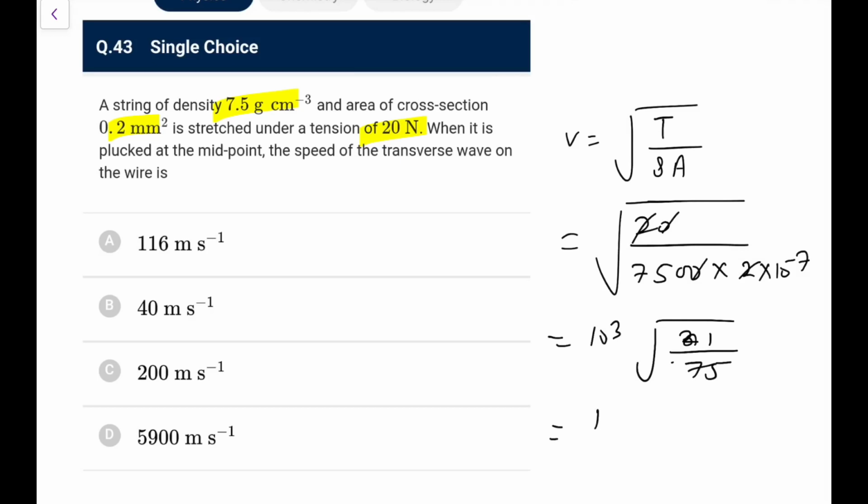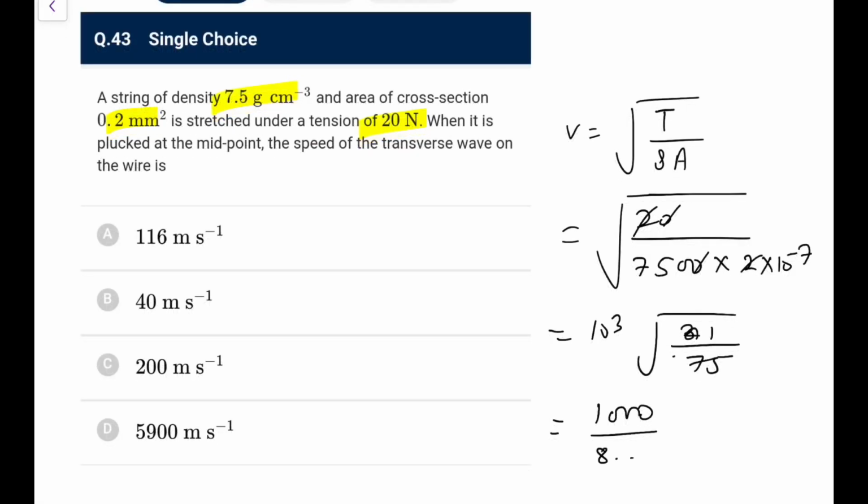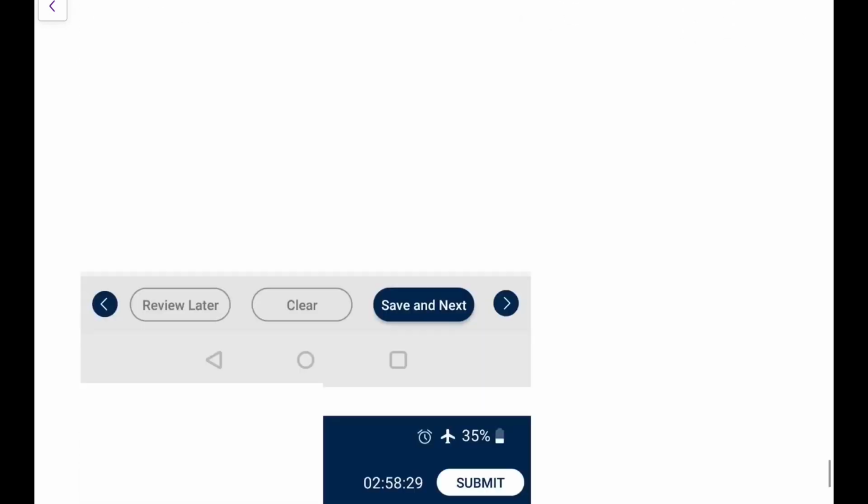So this approximately comes out as 1000 upon root of 75, which would be 8 point something. We know 1000 upon 8 is 125, so it would be slightly lesser than 125. Go for 116, that is what we can take here.